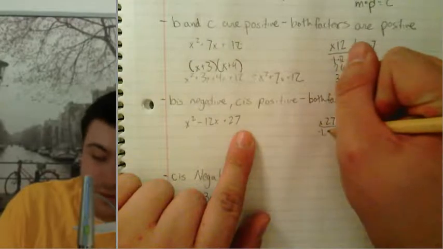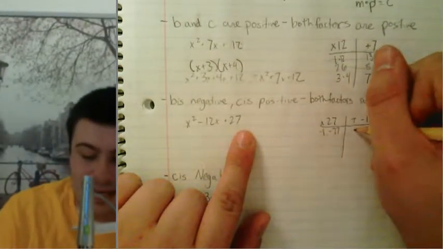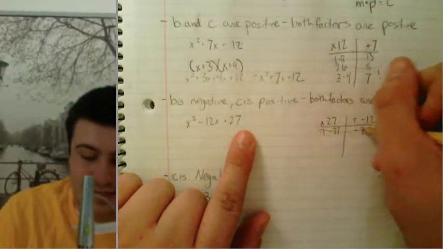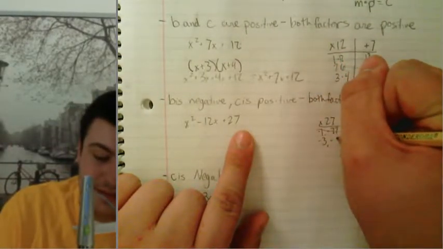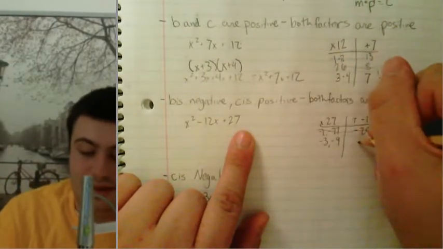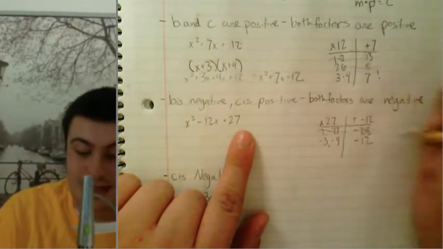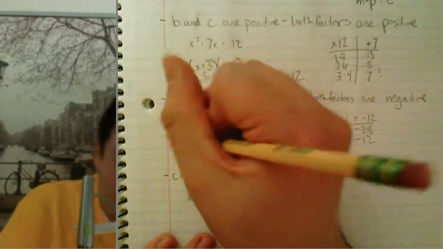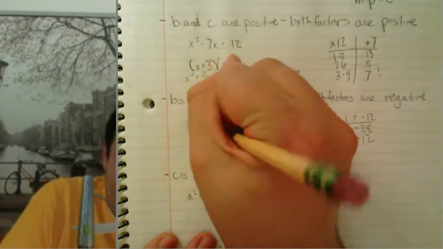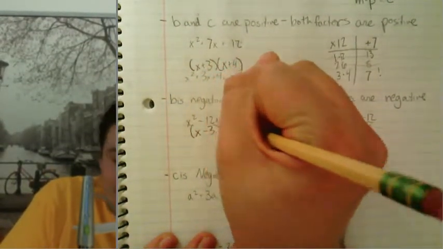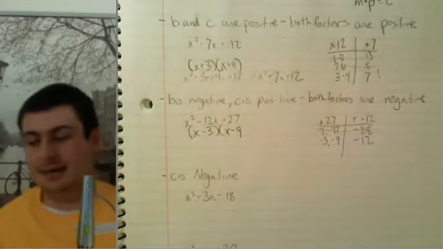We have negative 1 and negative 27, but that adds to negative 28, so it's not that. We have negative 3 and negative 9, and would you look at that, negative 12. So when we factor this, we're going to have x minus 3 times x minus 9.